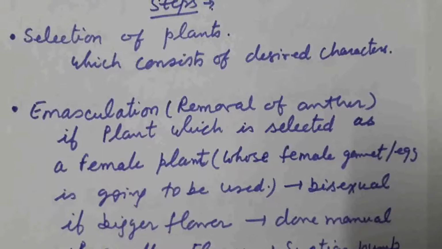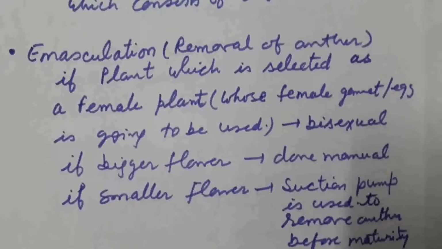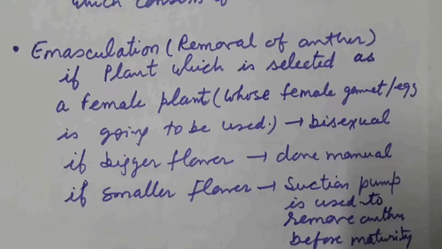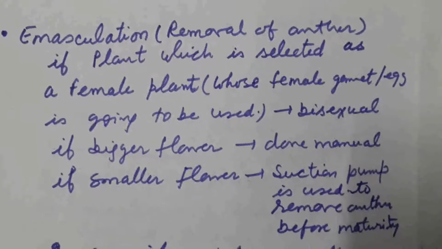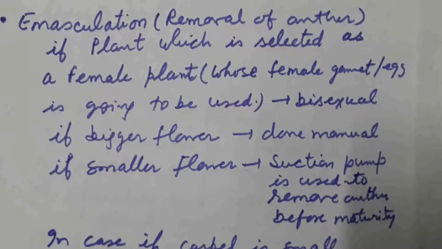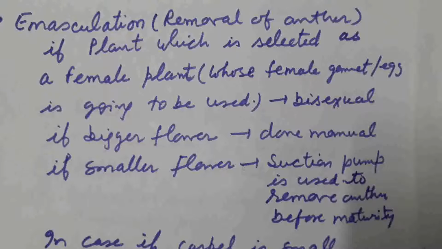But if the flower is very small and tiny, it is difficult to remove the stamens manually. In this case we use a suction pump to remove the anthers before maturity. So emasculation is needed if the selected female plant is bisexual, and before maturity we remove the pollen grains.